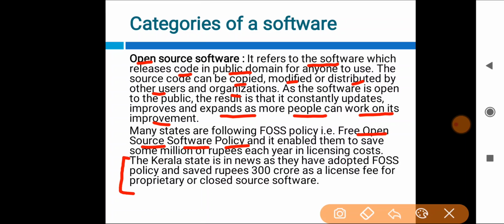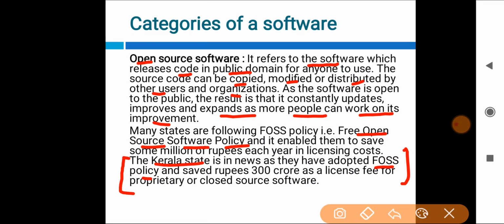The example that can be considered is the state of Kerala, where they have adopted this FOSS policy, which means that every software that the Kerala state will be using will be open source software, which means they will never purchase a software. They will always use software which is free for use.